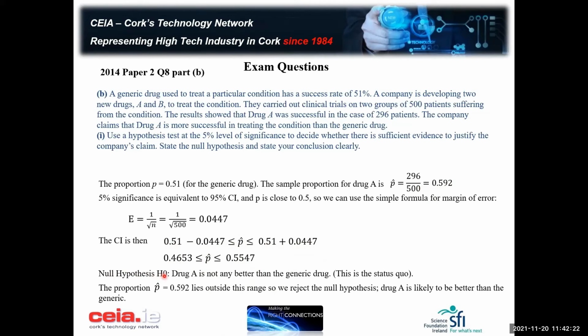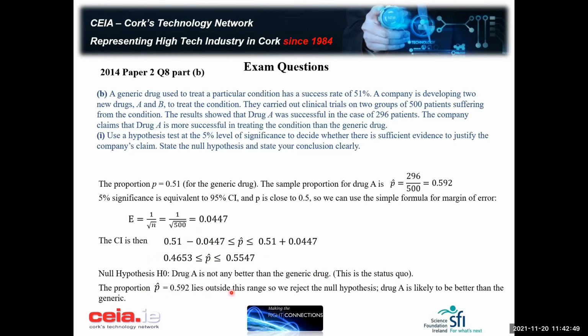Now, our null hypothesis here, we'll state it, is that drug A isn't any better than the generic drug. That's kind of the status quo, our default hypothesis. But we haven't satisfied that because our measured p hat lies outside this range, our 95% confidence range.